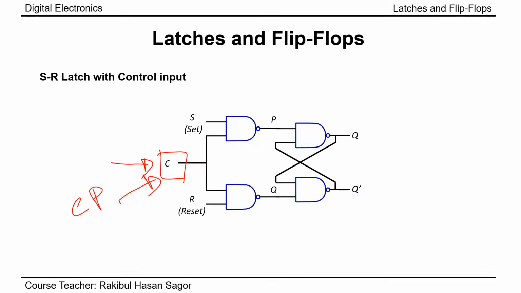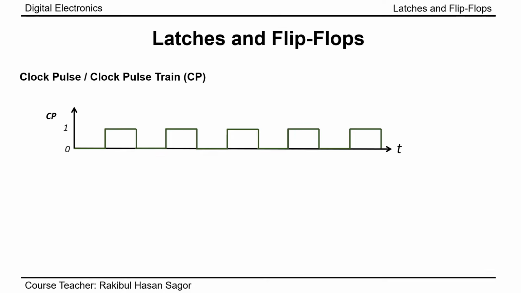What is clock pulse? This is a typical timing diagram of clock pulse or clock pulse train. It's a continuous signal, and we can see it's producing a periodic train of clock pulses. We have on and off. This is off time, this is on time, this is off, on.